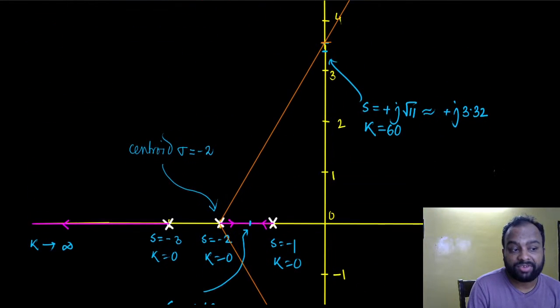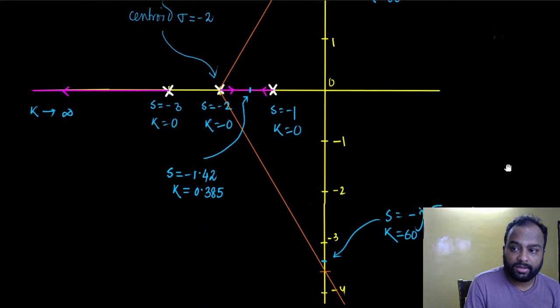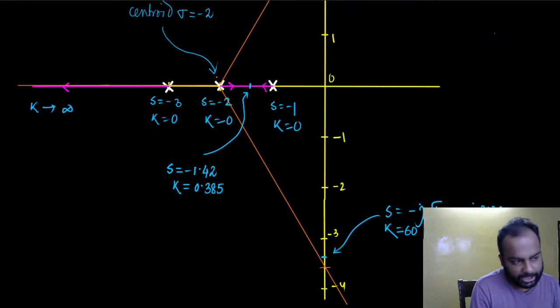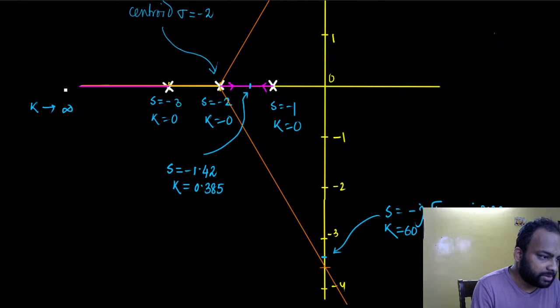So asymptotes are also symmetric about the real axis, because we have a polynomial with real coefficients. And the other asymptote is here, but it's barely visible, unfortunately. So let's make this visible forcefully.